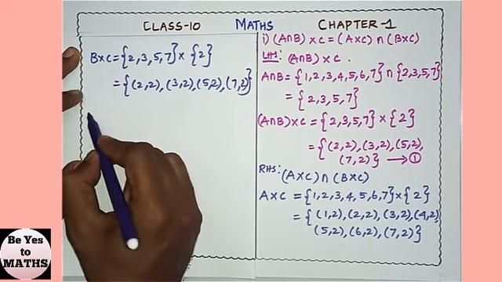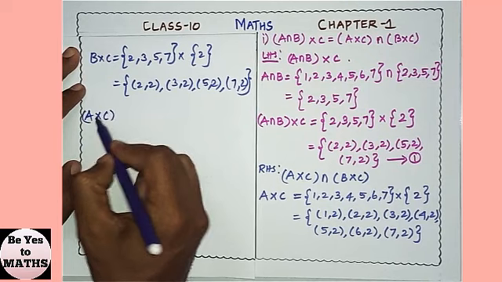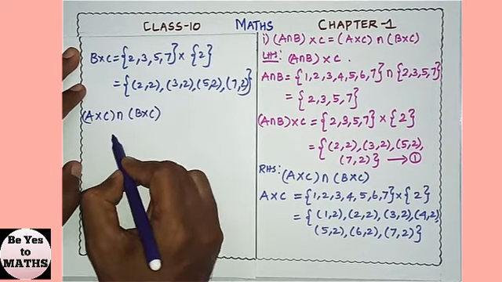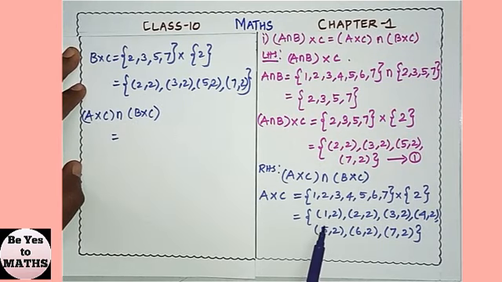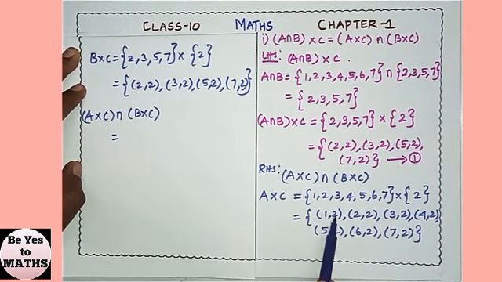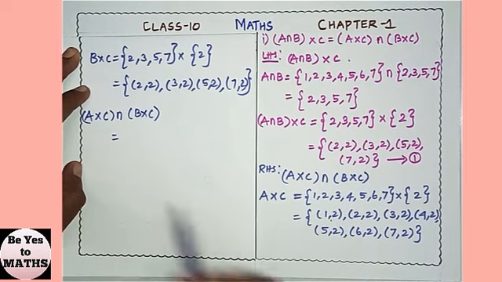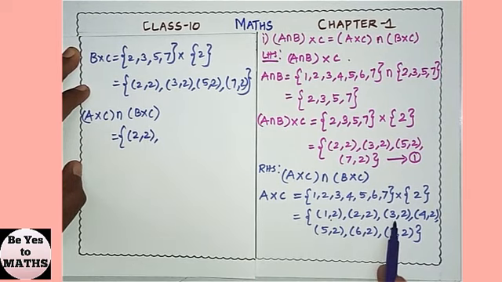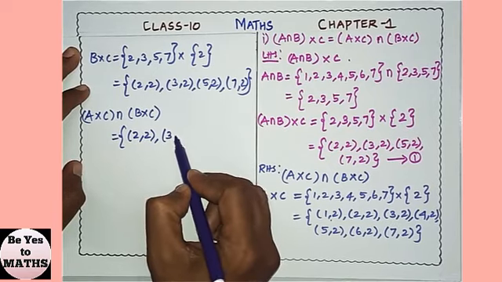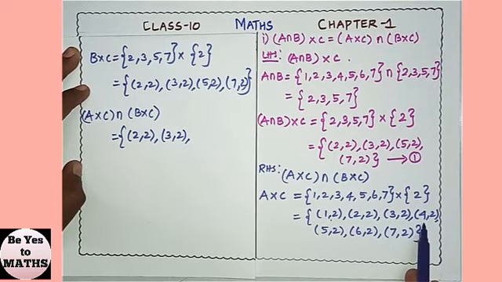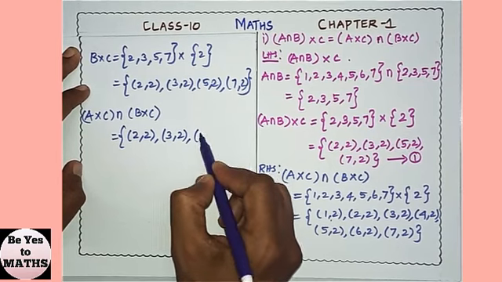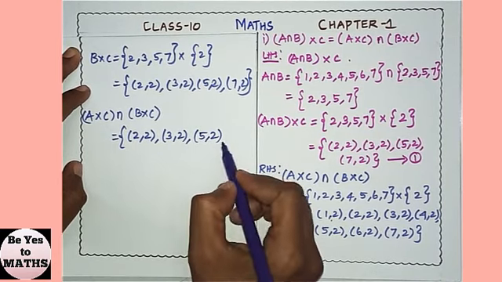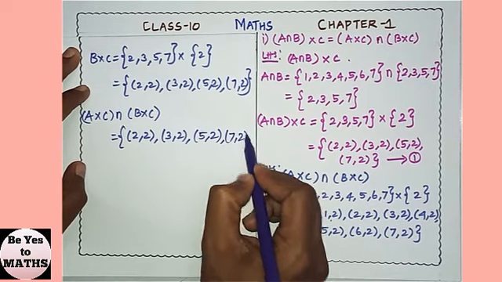Now we'll find out (A cross C) intersection (B cross C). So what are the common elements we have in these two sets? (1, 2) we don't have, (2, 2) we have, (3, 2) we have, (4, 2) we don't have, (5, 2) we have, (6, 2) we don't have, and (7, 2) we have.